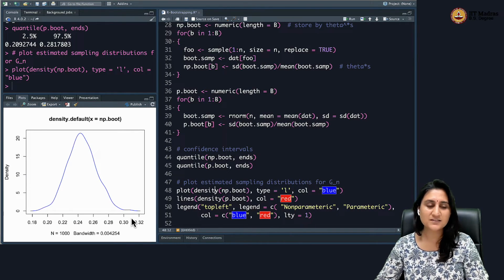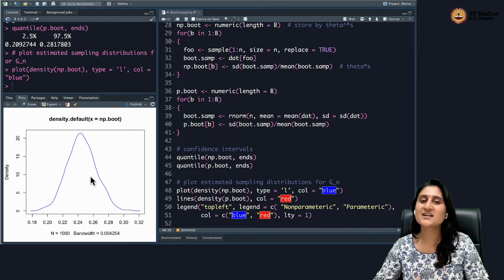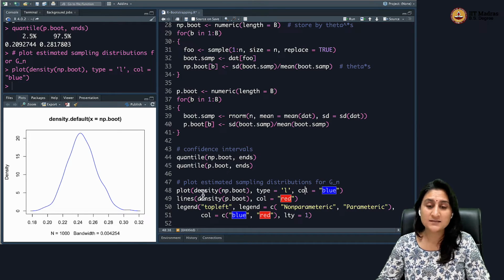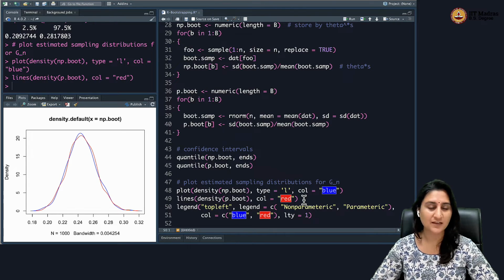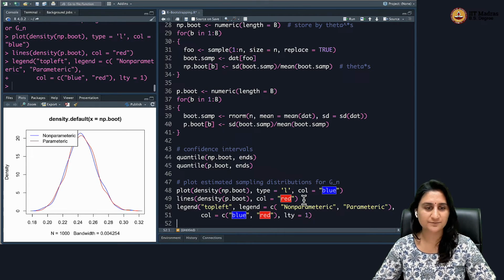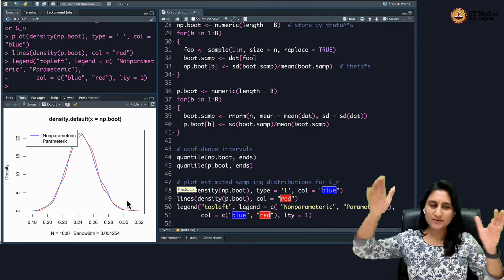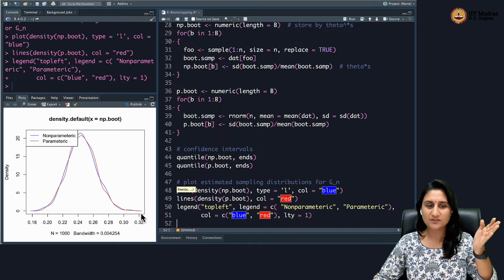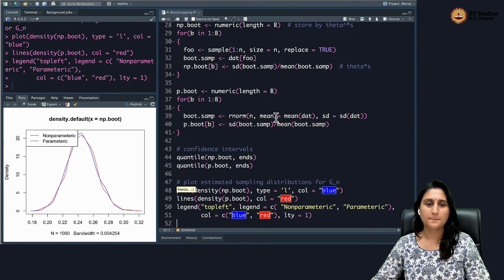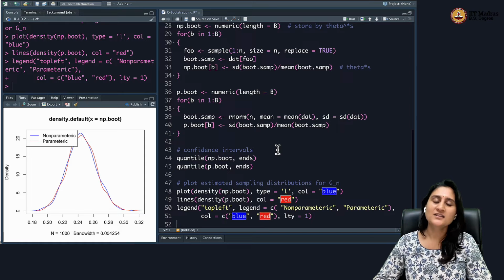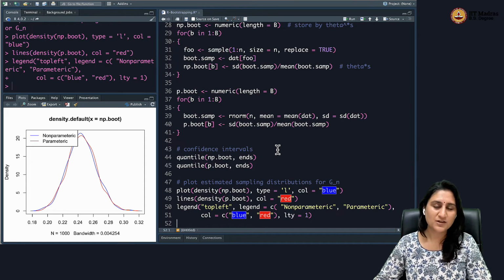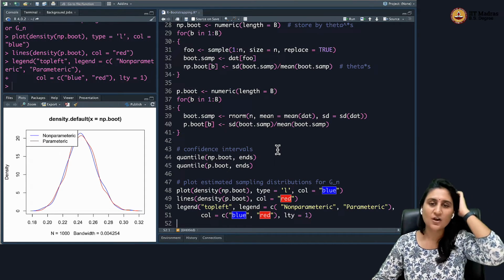So it calculates the approximate density from all the theta stars that it's obtained. This blue curve that you're seeing is our guess for GN. Similarly, the red curve is our parametric bootstrap guess for GN. And they look very similar to each other. You can see the way they're structured, one quantile will be here and another quantile will be here.